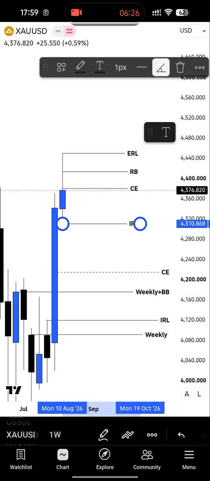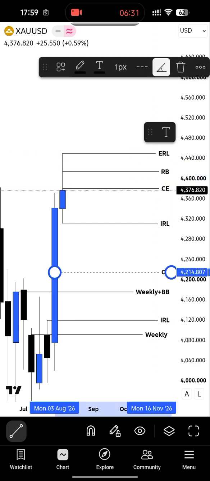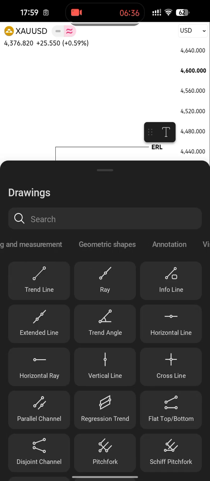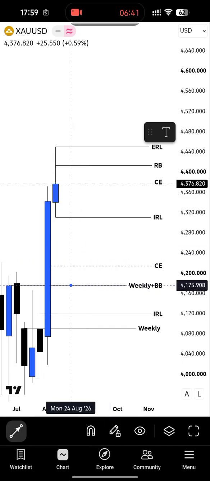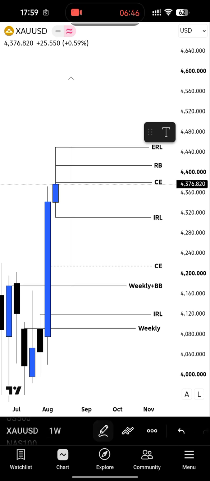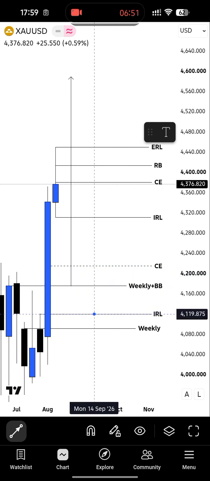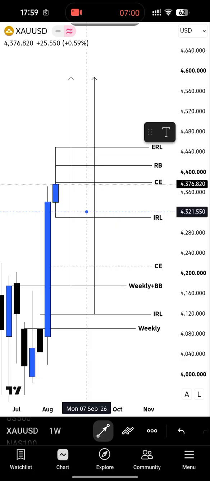But this is my high risk, so I'll leave the high risk, then what will I use? I'll use this low risk. So 1, I'll be looking from this area if it decides to deliver next week. If price decides to deliver, then I'll be looking at buys from this area. Two, I'll be looking for buys from this area, internal range liquidity, and then from this area if price decides to deliver.